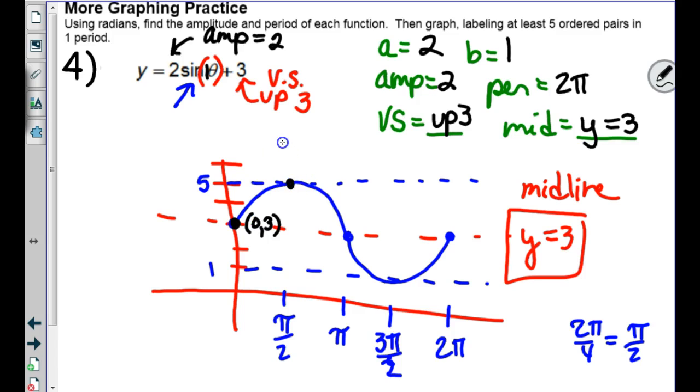This maximum up here is pi over 2, 5. Midline is at pi, 3. Minimum is at 3 pi over 2, 1. And back at the midline at 2 pi, 3.